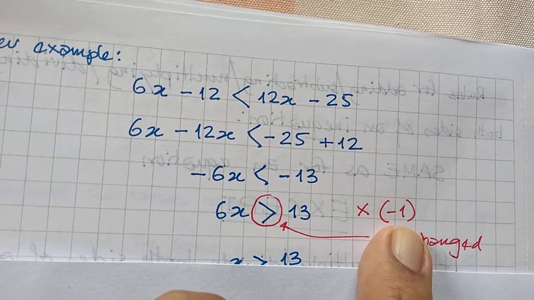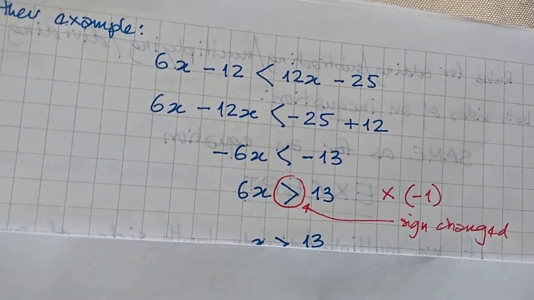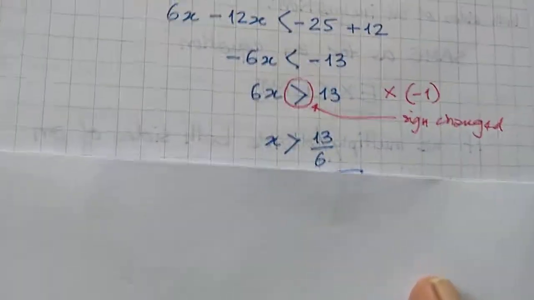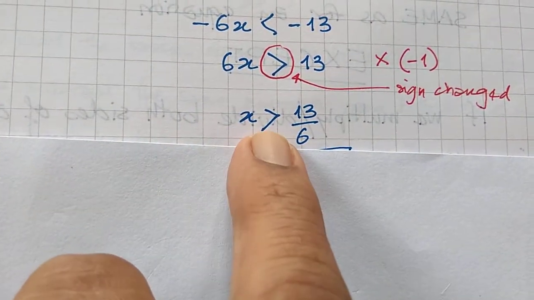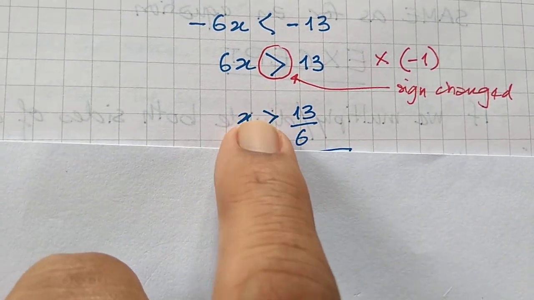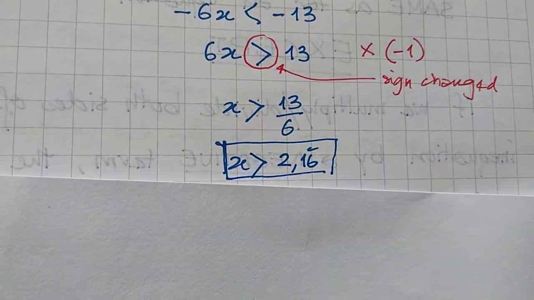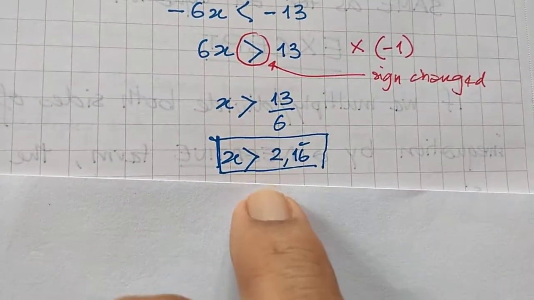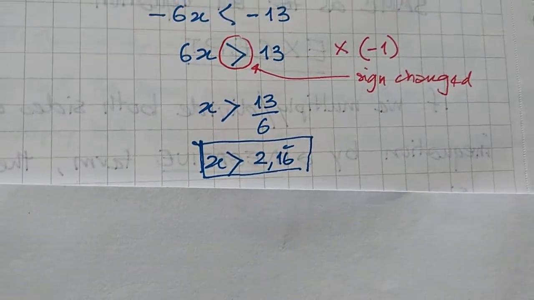Either multiply by minus 1 or divide by minus 1, it's the same thing, and in that case also the sign changes. So now I divide both sides by 6. 6 is a positive number, the sign remains unchanged. x is greater than 13 divided by 6. When I plug that into my calculator, I get x is greater than 2.16666 repeating.